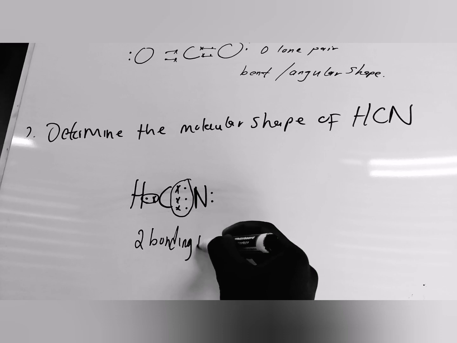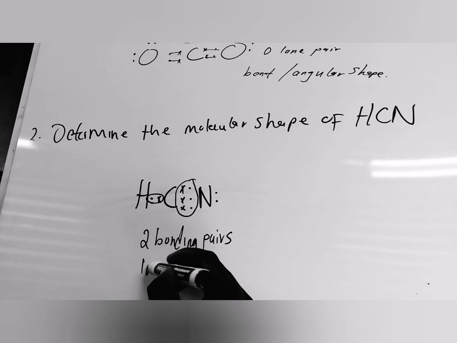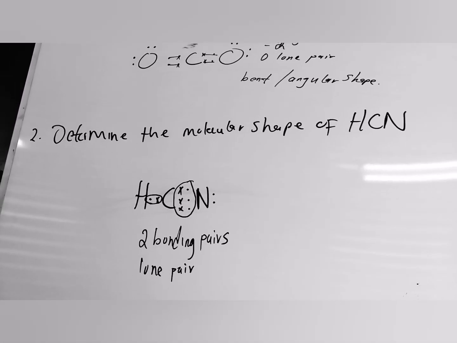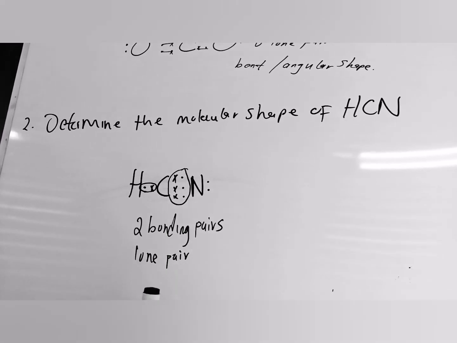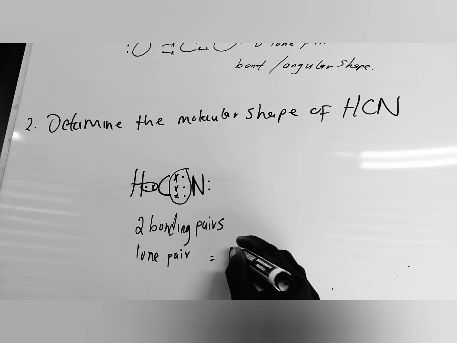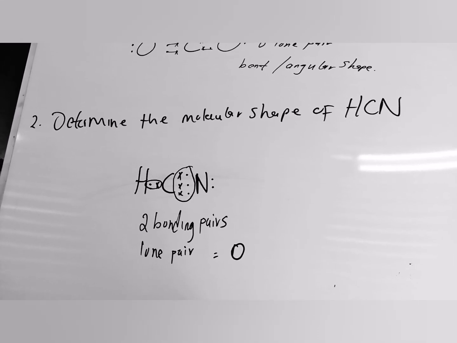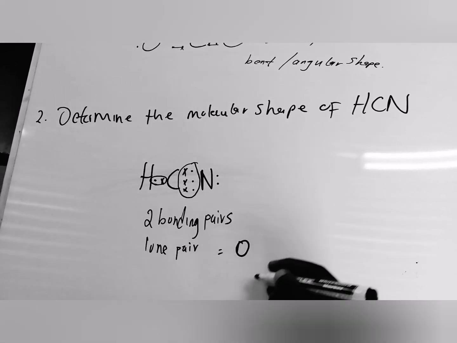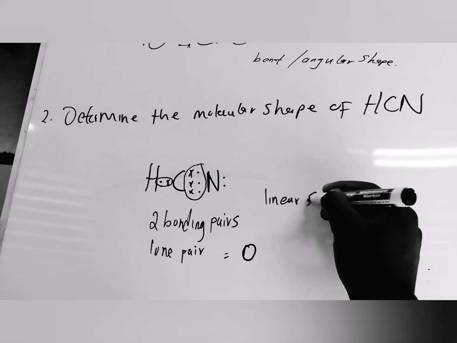I hope you get this. So whenever you have a triple bond or a single bond, you count them as 1 bonding pair each. So we have 2. Now when we check our central atom, we have 0 lone pairs. It means that this molecule has a linear shape.